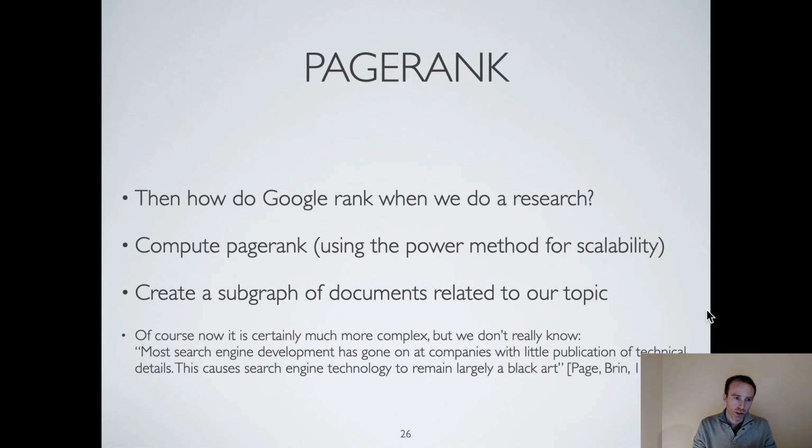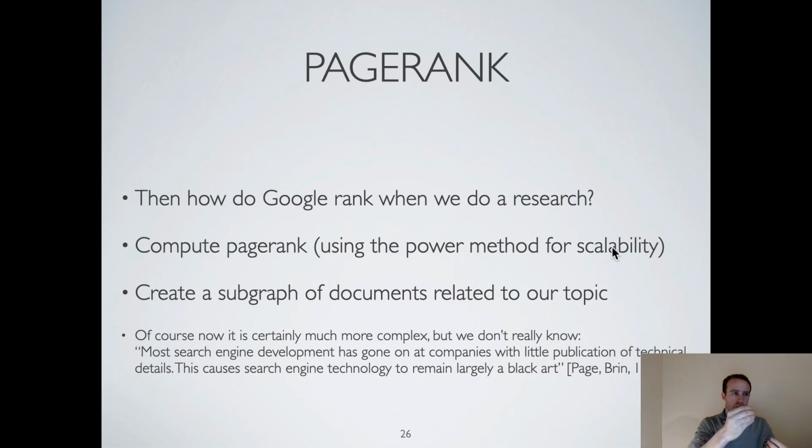So you might wonder then, what is the link between PageRank and the Google search engine? Well, when you do a search on Google, what they do is compute the graph of all the pages that contain the words you have searched for. So they filter out all the web pages that do not contain the word that you're interested in, and then on this graph they compute the PageRank.